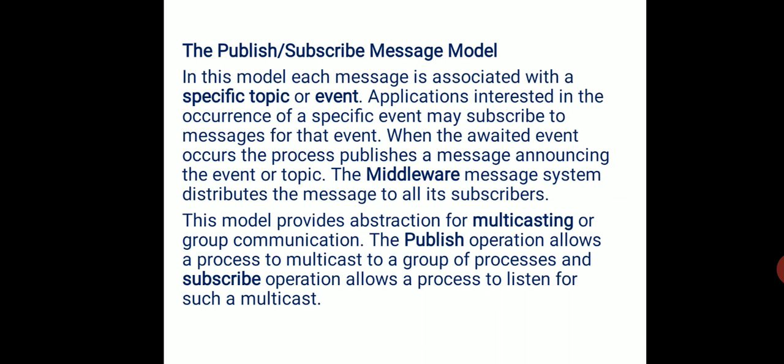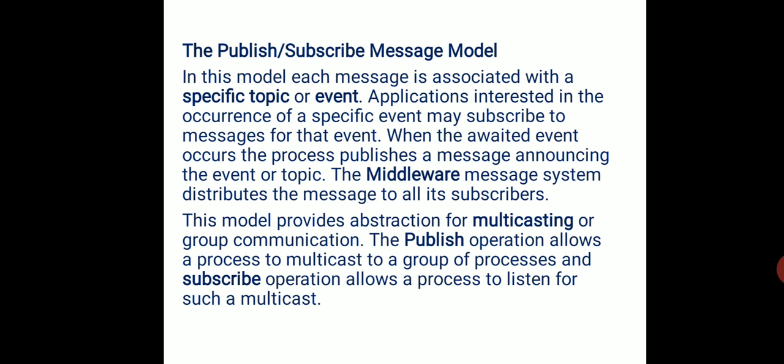The middleware message system distributes the message to all its subscribers. So the applications interested in this specific topic or event will subscribe to that message for that specific event.